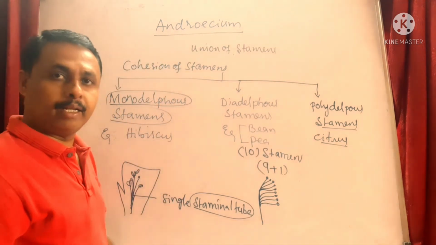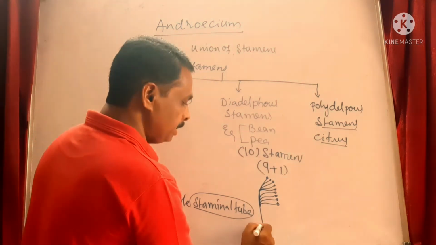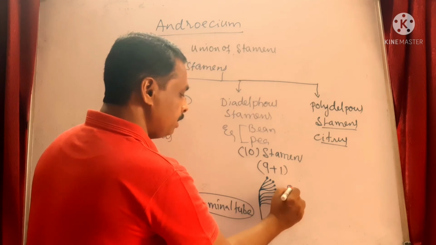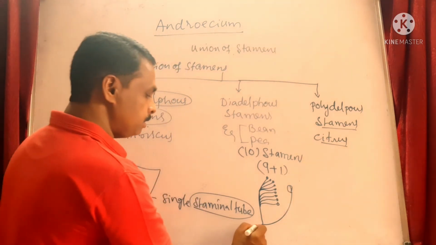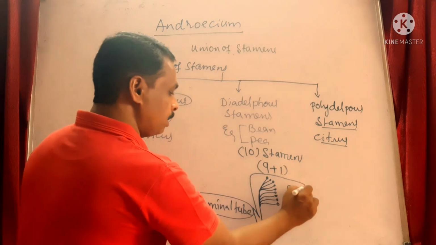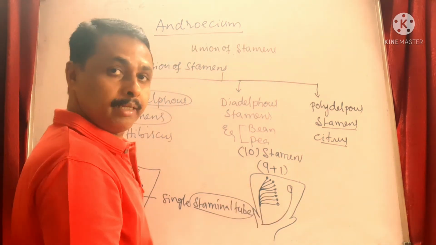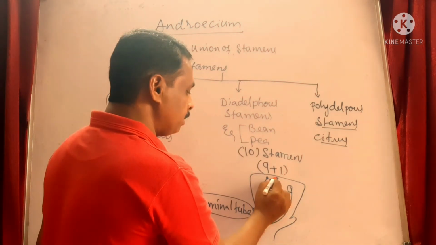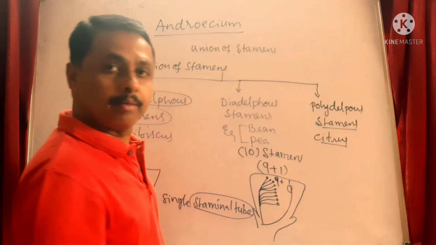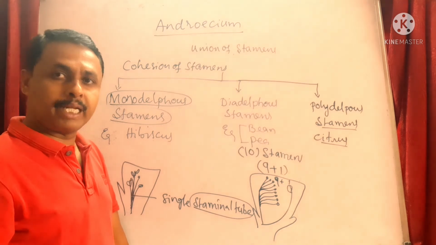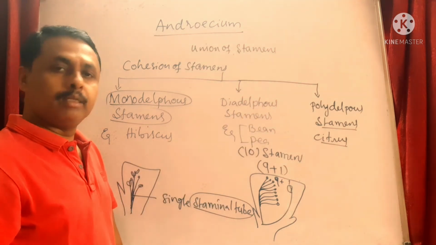The remaining odd one is the other bundle. 9 plus 1 means two bundles are formed. That's why it is called diadelphous stamens.